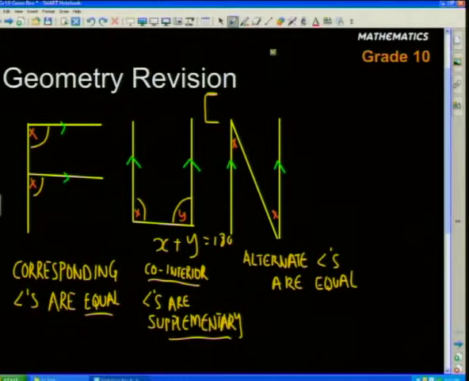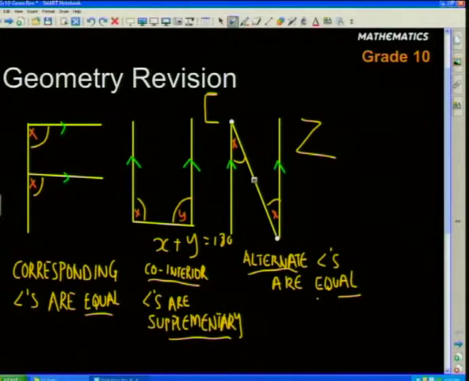Then the next special type we get is alternate angles, and that's if you look at sort of an N type of shape. If we look at our diagram, we've got them on either side of the transversal. Those are called alternate angles, and those alternate angles are equal. In my diagram, it looks like an N, just so that we can make the word fun, but you can also get them in the Z shape.